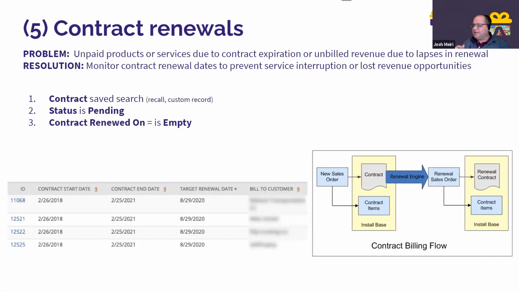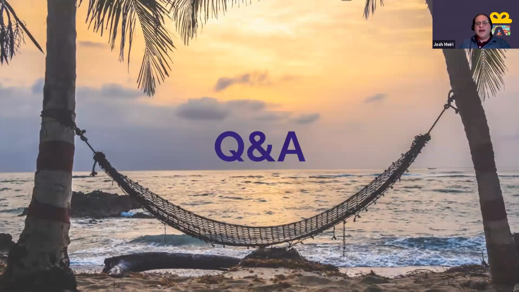This example is based on having the software vertical contract renewal SuiteApp, which adds the contract object. So we can create Safe Searches on that and monitor renewals. If you don't mind, Jay and Penny, I'll skip the discussion on this one and see if there are any questions.